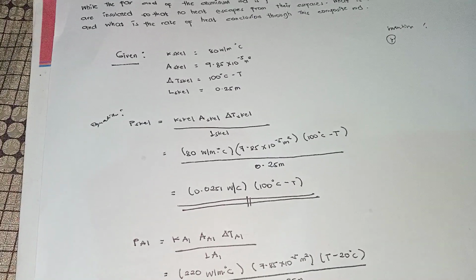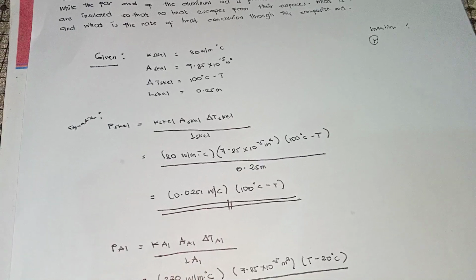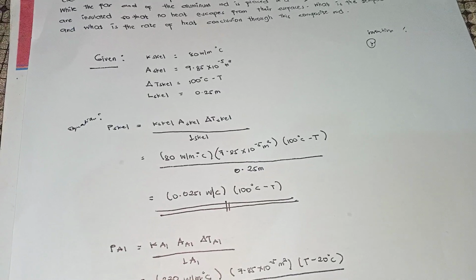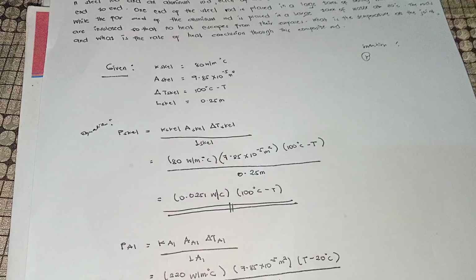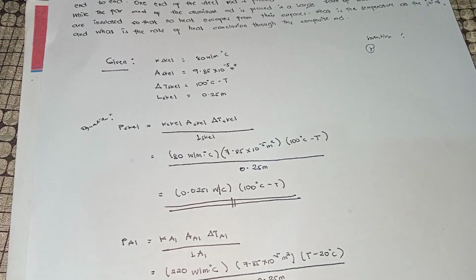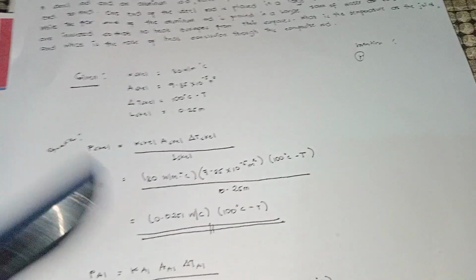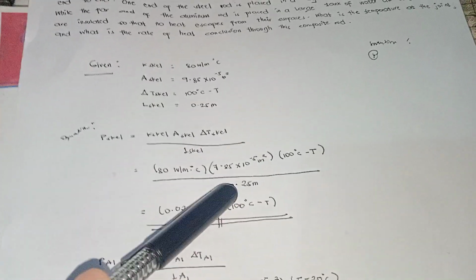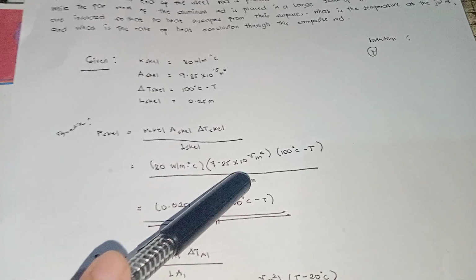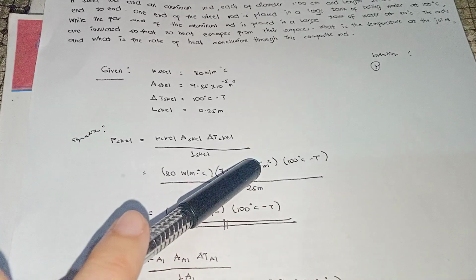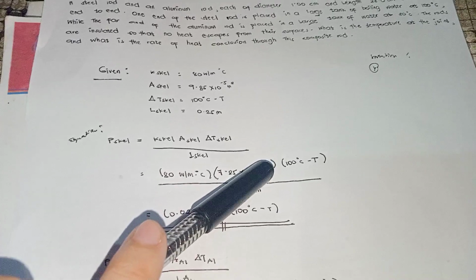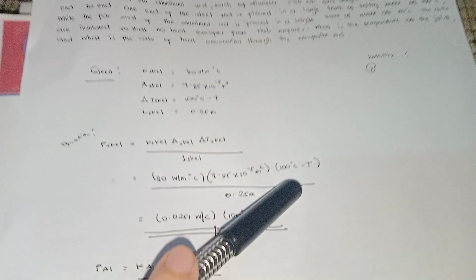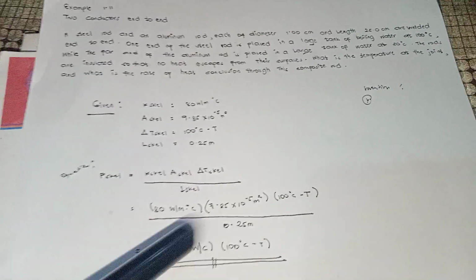So, by solving the equation P steel, which equals K steel times A steel times delta T steel over L steel. So, that is 80 W per meter degrees Celsius, which is our K steel, and 7.85 times 10 to the power of negative 5 meter squared, and then 100 degrees Celsius minus T over 0.25 meter.